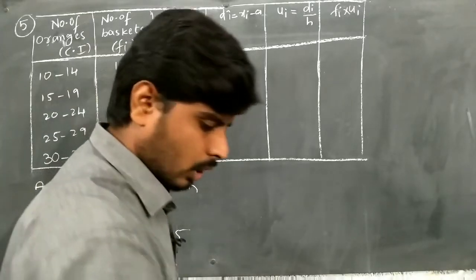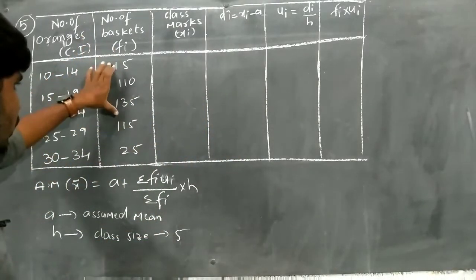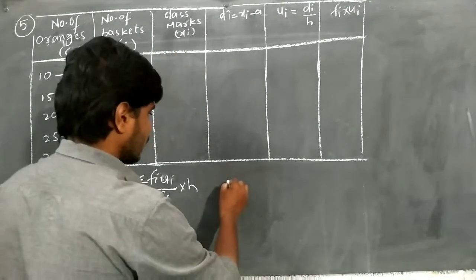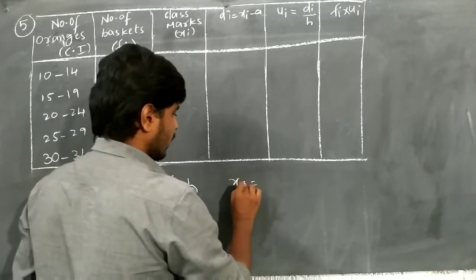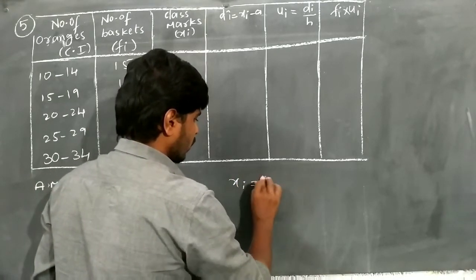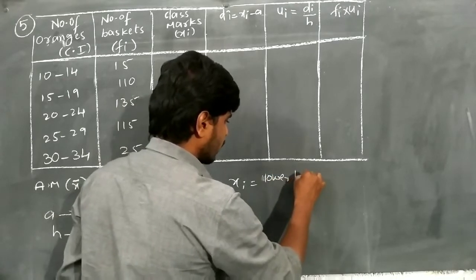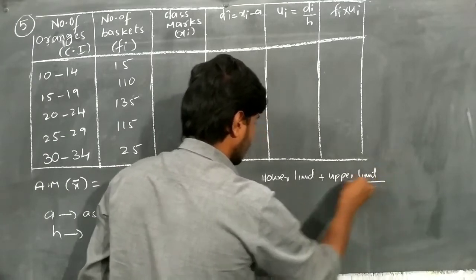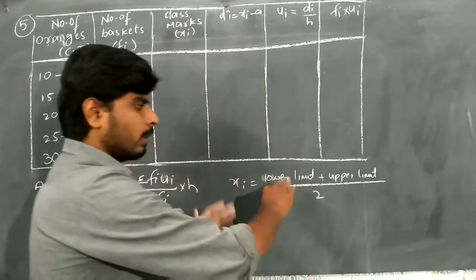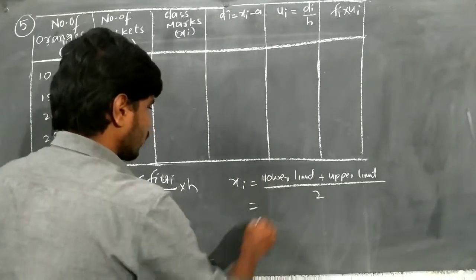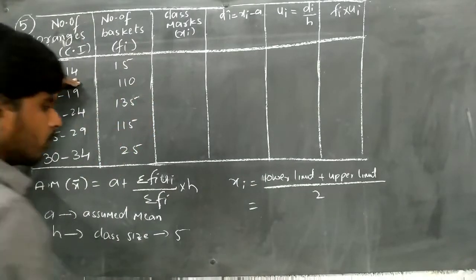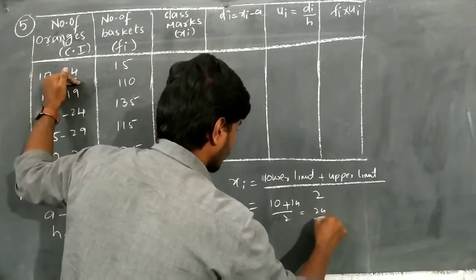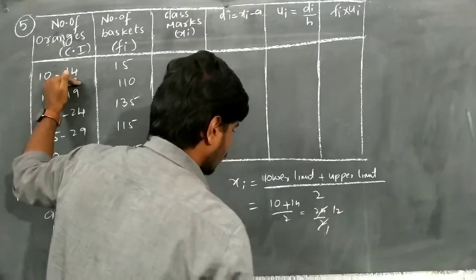And the remaining sigma fi ui and sigma fi we have to find here. Sigma fi we will get if you add these. Okay, right. So the class marks: what are the class marks? xi is lower limit plus upper limit by 2, or we can take upper limit plus lower limit also. Look at the first one, 10 plus 14 by 2, it is 24 by 2, 2 ones are 2, 2 12s are.